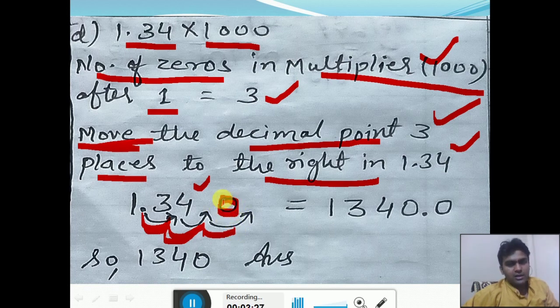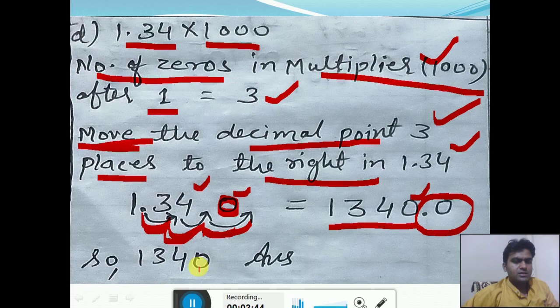You can write the 0 after the decimal point. So after 3 places, where will the dot come? After this 0, the decimal point will come. So our answer is 1340.0, and we can remove this 0 at the last. So our answer is 1340.